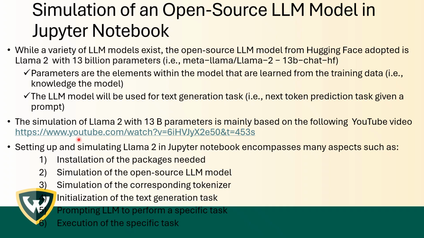In fact, to run an LLM model in Jupyter Notebook, we need first to install the packages needed. And after installing these packages, we will be discussing how to simulate Llama2 in Jupyter Notebook with its corresponding tokenizer, and how to initialize the text generation task, and how we can prompt Llama2 to execute a specific task.